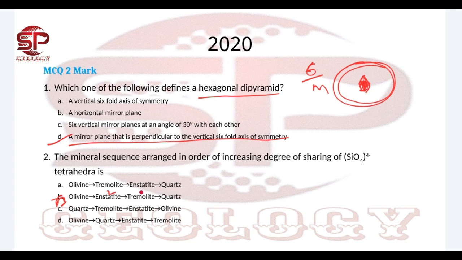Then tremolite, it is amphibole, it will share 3, or you can say 2.5. Then quartz, it will share 4. So this will be the correct increasing order, that is olivine, enstatite, then tremolite, then quartz.